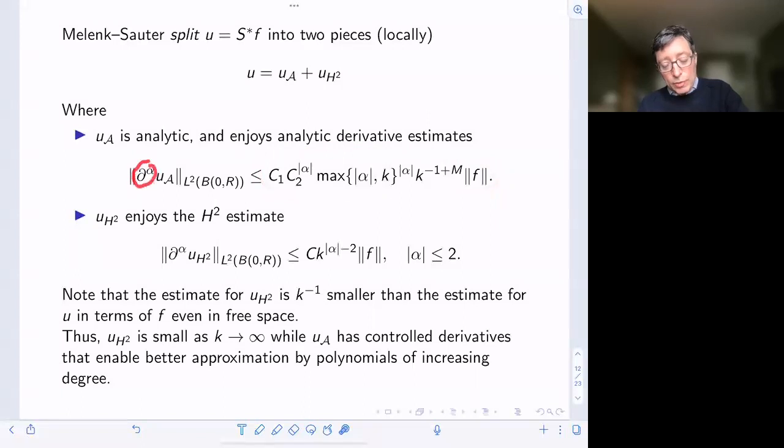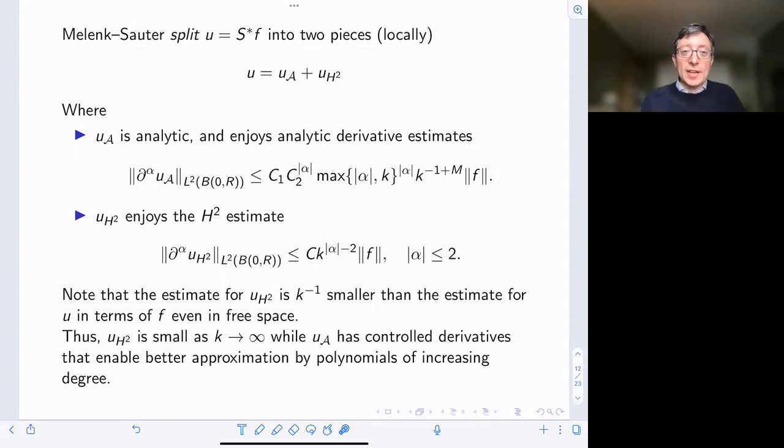How does the alpha derivative grow? And how does that growth involve k, the frequency parameter? So it's analytic with explicit Cauchy estimates. If you like, it's something about the size of the radius of analyticity. And if you have good derivative estimates, you can be better approximated by high degree polynomials. Okay, so that's the numerical analytic black box that I can't open for you.